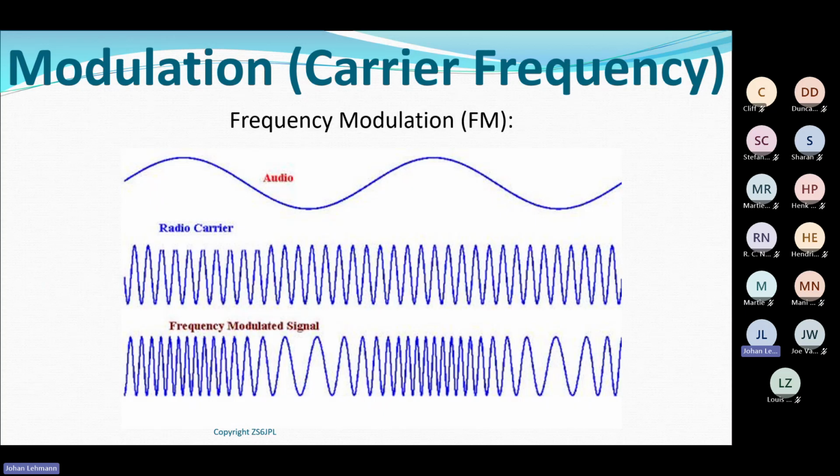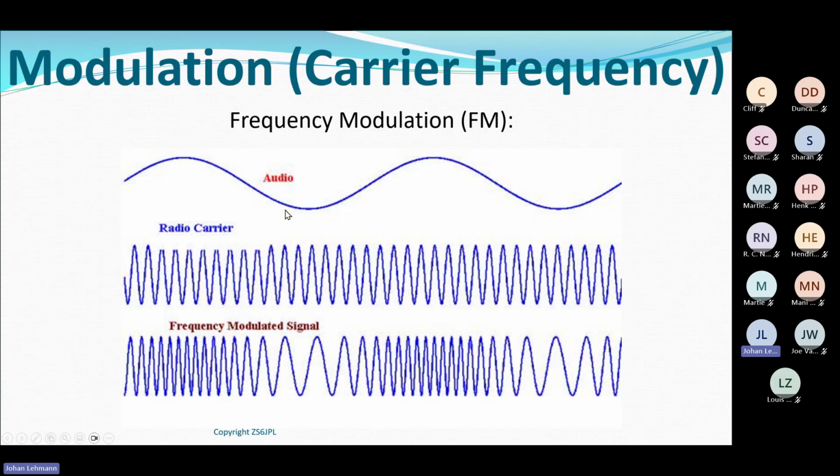Then we're looking at frequency modulation, where we change the frequency of my carrier. I've got an audio signal, in this case a nice long wavy audio signal, and I apply it to my carrier by changing the frequency of my carrier. Where the amplitude of the audio reaches a peak, the frequency is high.